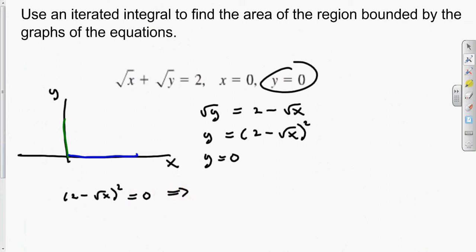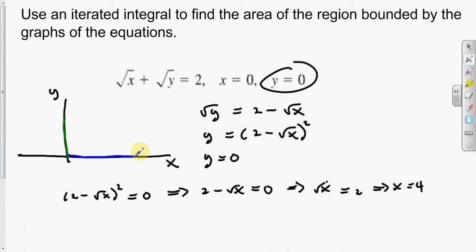Take the square root of both sides, I get 2 minus the square root of x is equal to 0. That implies that the square root of x is equal to 2. That implies that x is equal to 4. So when y is equal to 0, x is equal to 4.